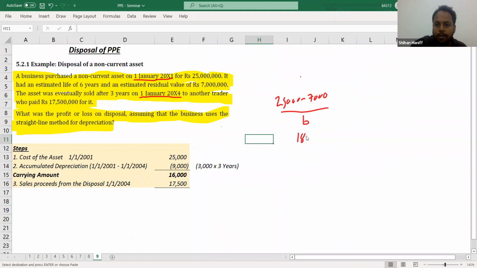So 18,000 divided by 6, 3,000 annual depreciation per annum. Then you multiply this by 3 years, so you get 3 years depreciation. Okay, good.